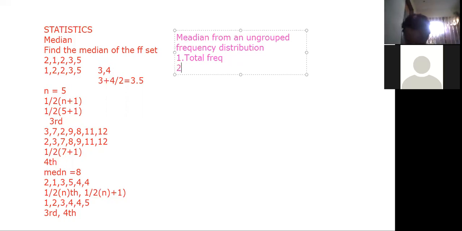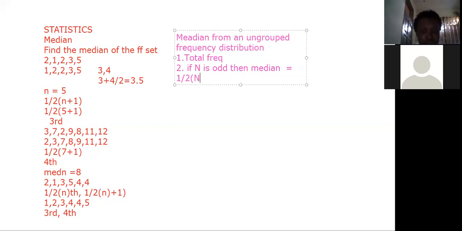Then number two, if n is odd, then our median will be equal to half into bracket capital N or sigma f plus 1, like the first one we did, or half into bracket n plus 1.